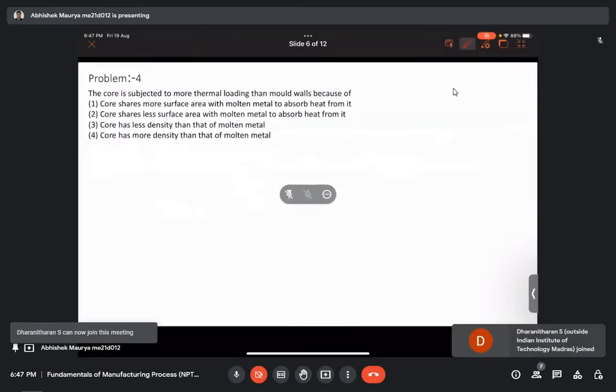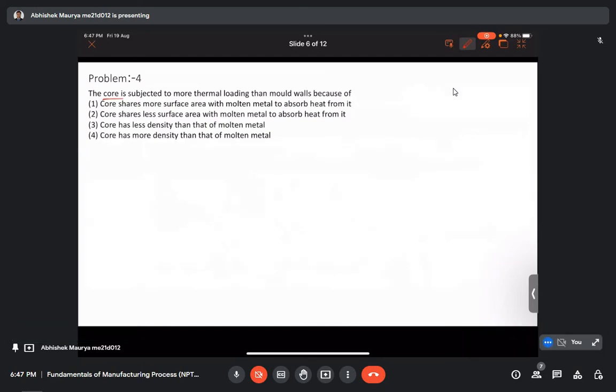Okay, this question is also related to the core. Please read it and try to think of what is being asked in the question and try to solve it. Meanwhile I will create the poll. You can give your response in the polling section.